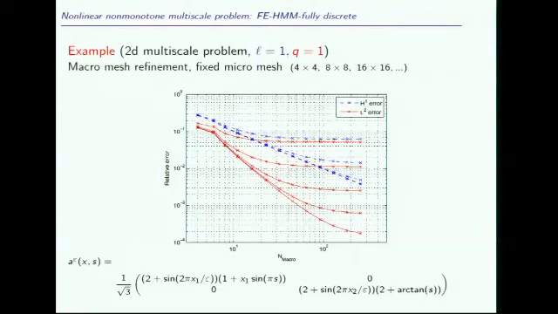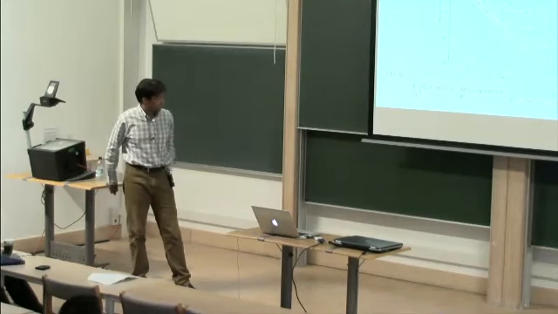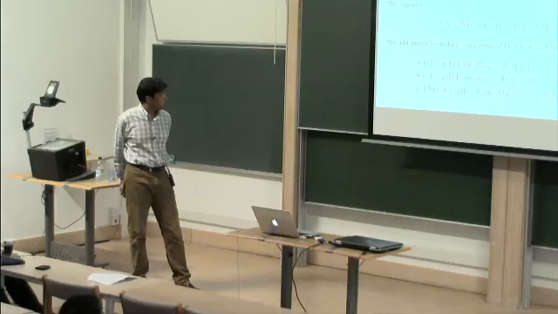Each of the different curves is for a different microscopic resolution, and again we see that we need simultaneous refinement, and for that simple example we almost obtain the bound that we have shown before. Okay, so the discrepancy here is exactly for the L2 norm, where you do not have enough points in the microscopic sampling domain compared to the macroscopic degrees of freedom.